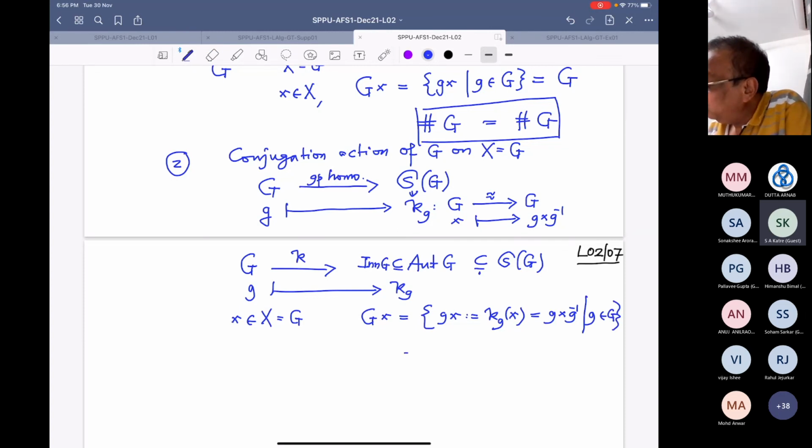So this is precisely what is called the conjugacy class of x, C_G(x), the conjugacy class of small x in G.